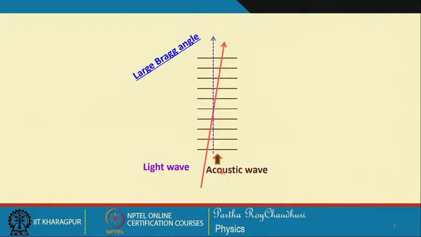So, in the case of large Bragg angle diffraction, the light wave will be travelling almost along the direction of propagation of the acoustic wave. This picture is useful to understand the configuration. The acoustic wave is travelling in this direction and the light wave is almost along the same direction.